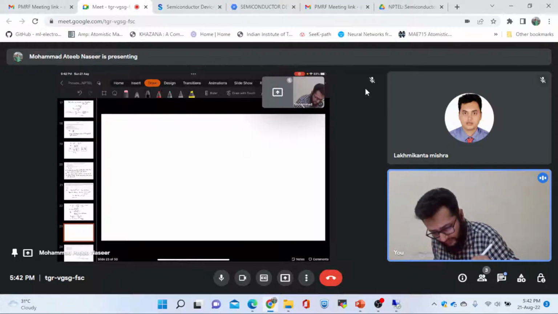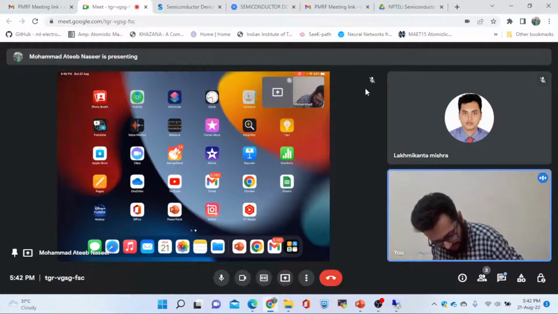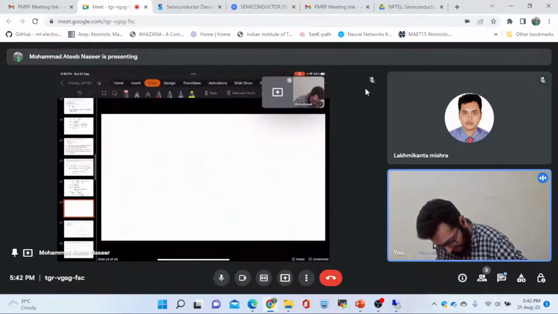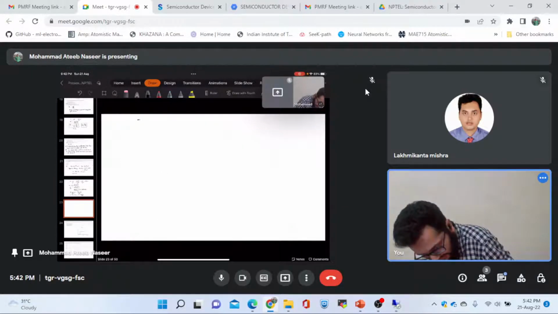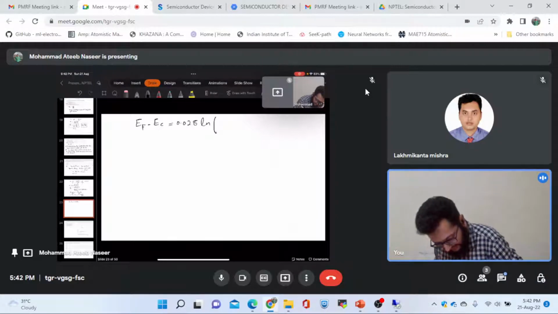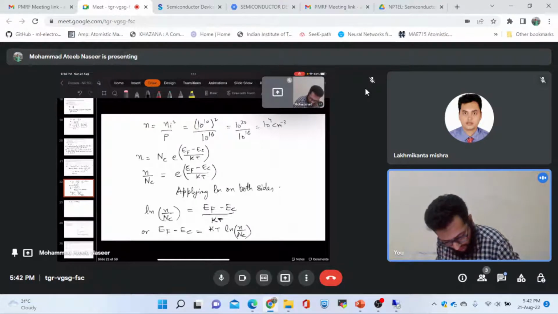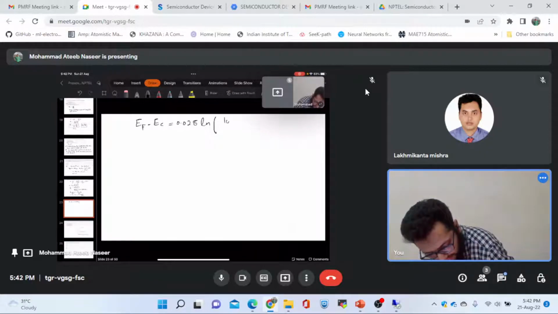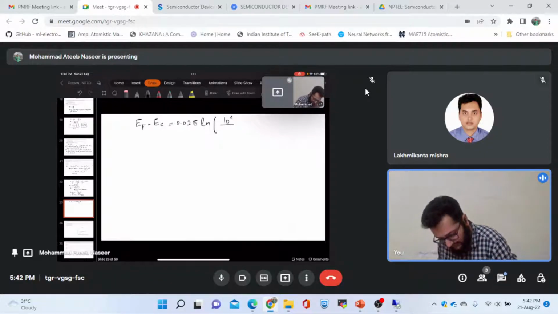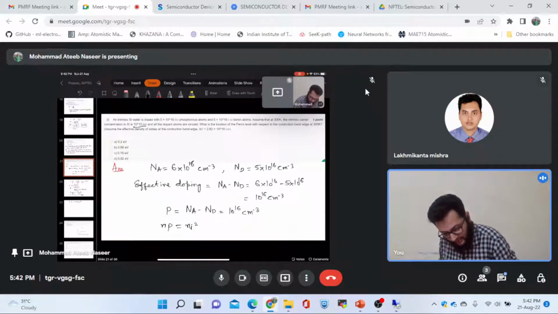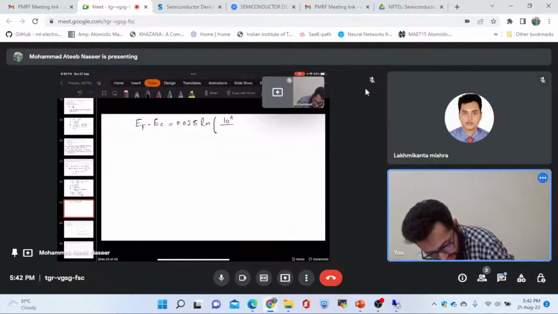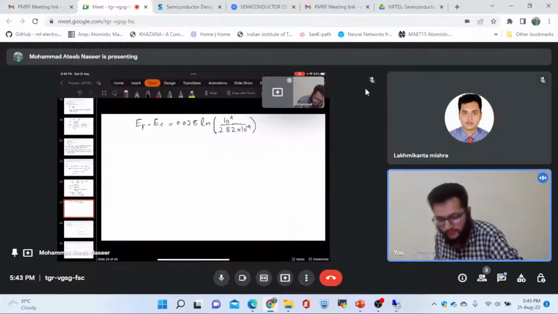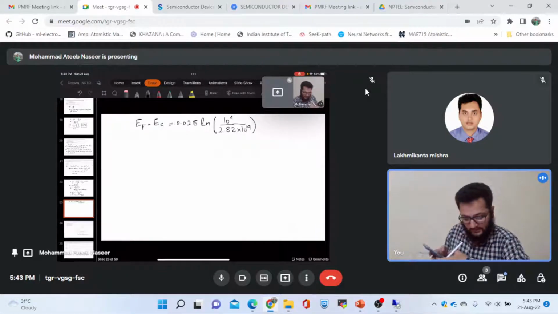So we will simply write Ef minus Ec equal to 0.026 ln of n by Nc, where this n we found to be equal to 10 to the power 4 per cubic centimeter, and this Nc is given to be equal to 2.82 into 10 raised to the power 19, and let us compute this.